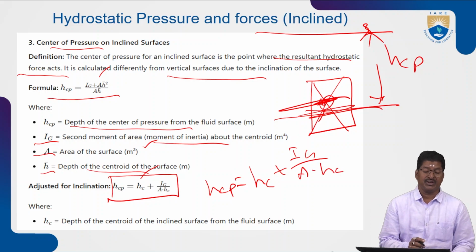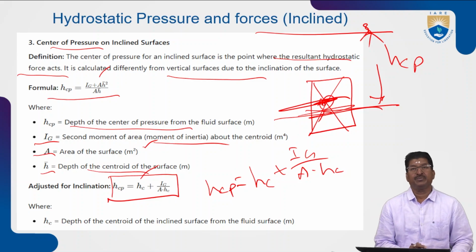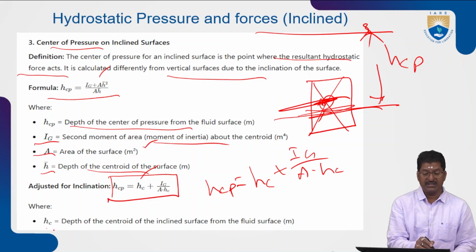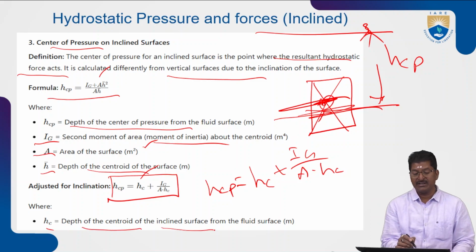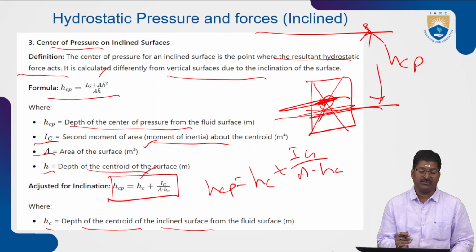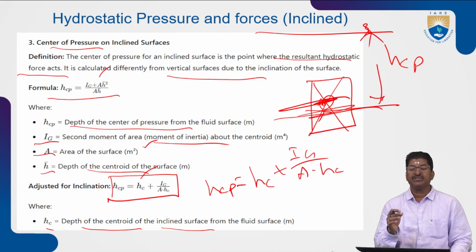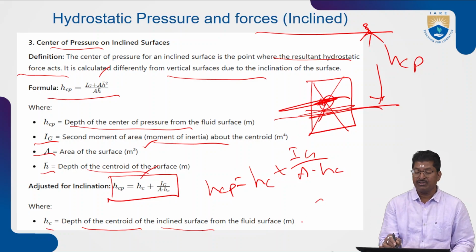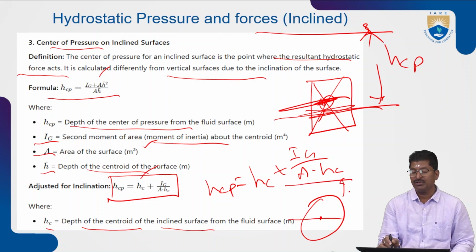Then you will get HCP, the depth of center of pressure. Here HC is the depth of the centroid from the fluid surface, that is, from here to here it is HC.